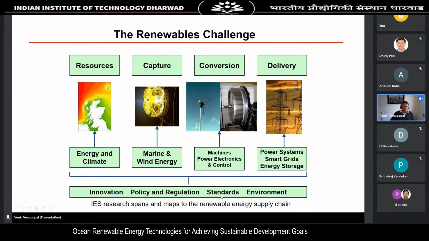We also develop standards, documents for policy and innovation, regulations, and environmental assessment, and so on. So this is just a one-page view of what we do.